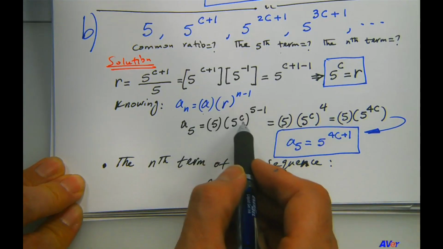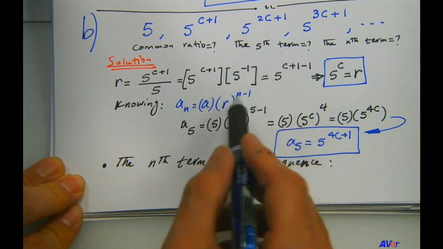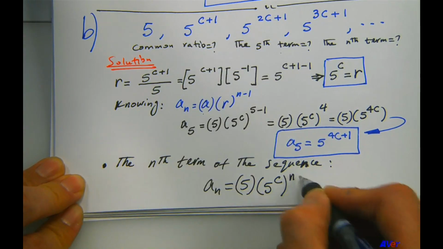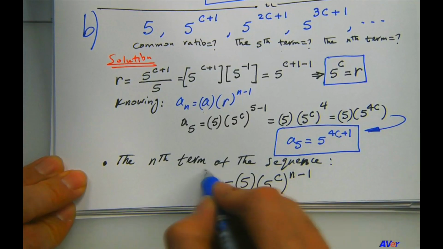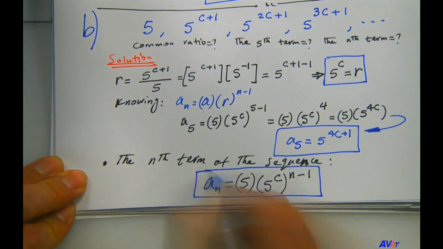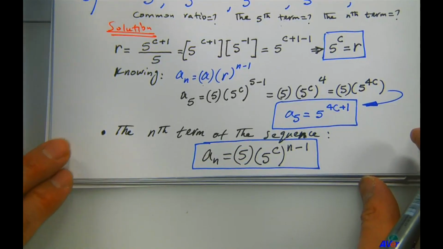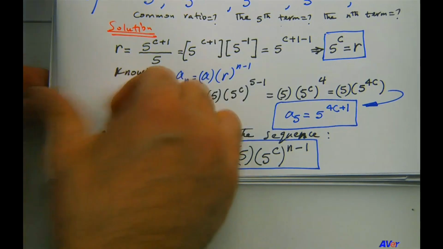As a matter of fact, I had it here. Not quite, so let me write it down. So n minus 1, okay? And we'll leave it like that. That's the nth term of the sequence. Okay. Let's do another example.